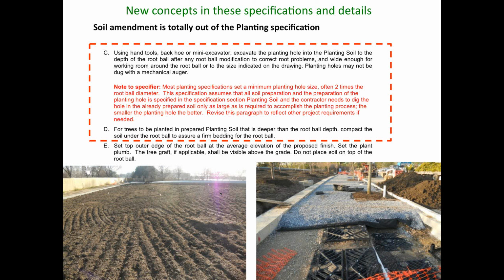Because we're no longer just amending the soil at the planting hole, but we're going to be putting down either large areas of soil or amending the entire future rooting zone of the tree or the plant. So we're doing essentially a bed approach to soil rather than a planting hole amendment idea.